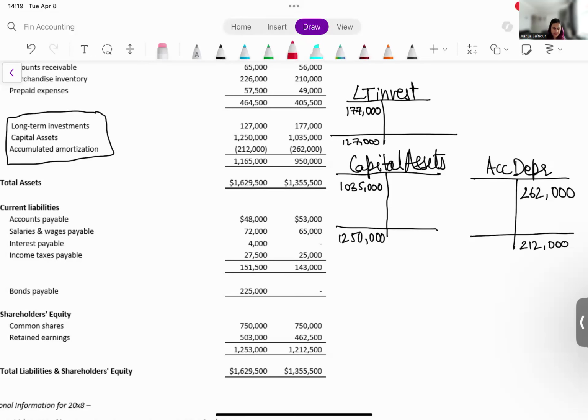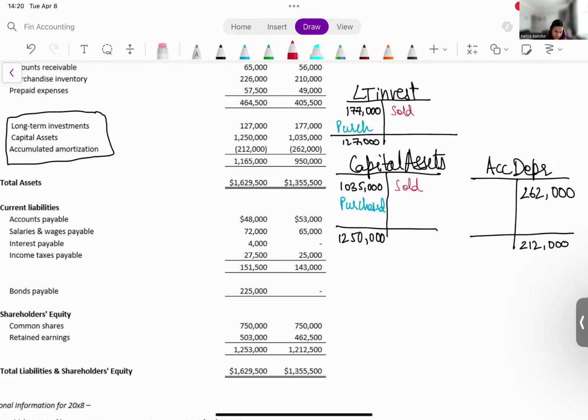From the long-term investments, we'll subtract out any long-term investments that are sold, and we'll add any long-term investments which have been purchased, right? Similarly, for capital assets, we'll add in any purchased capital assets, and we'll remove any long-term assets sold.